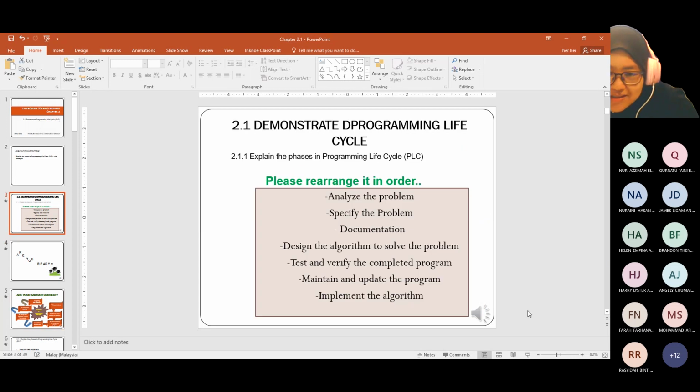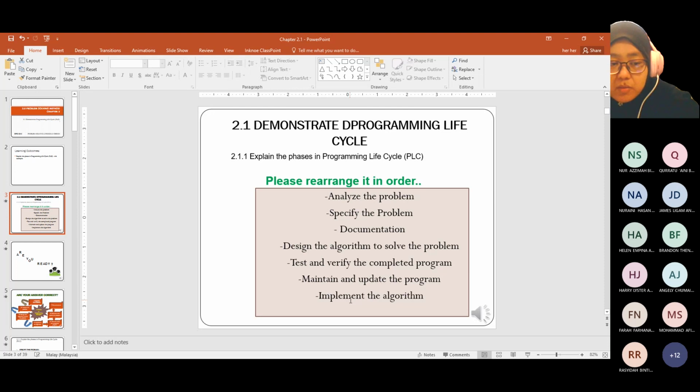Okay, first of all, let's try this one first. You are supposed to rearrange this. There are 7 of them, which are the phases in PLC. Take a screenshot of this, then mark which one is number 1 and which one is number 7.